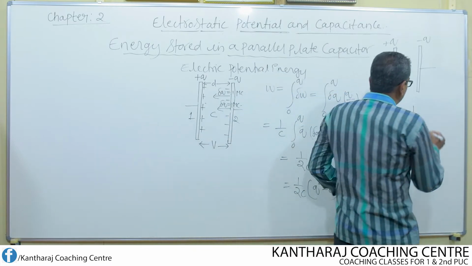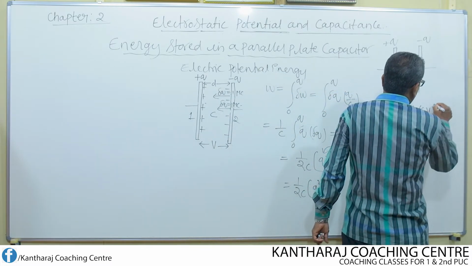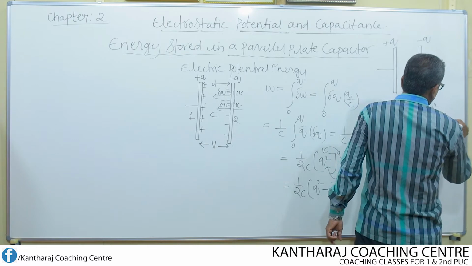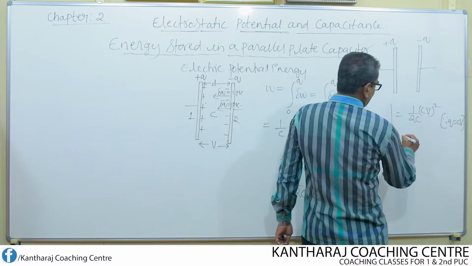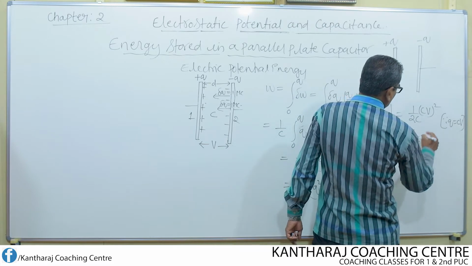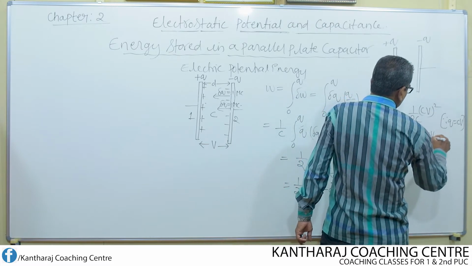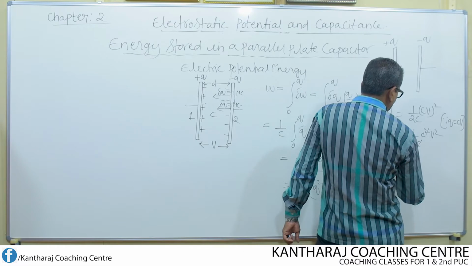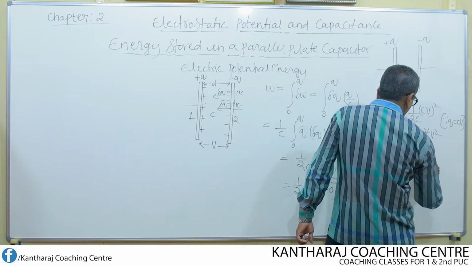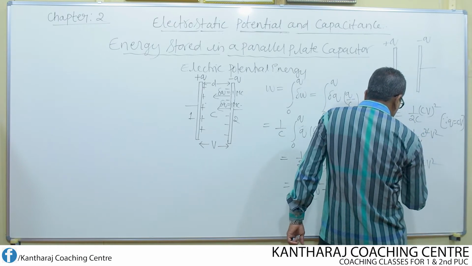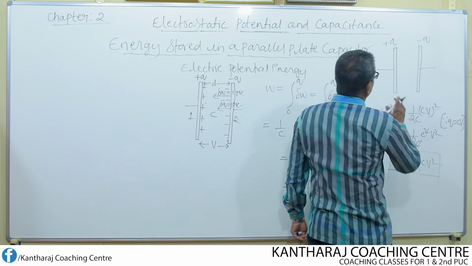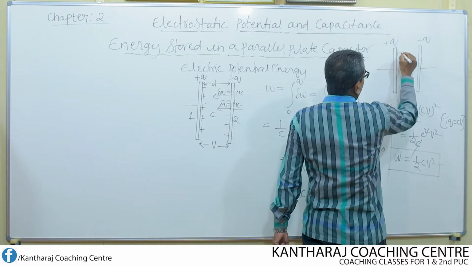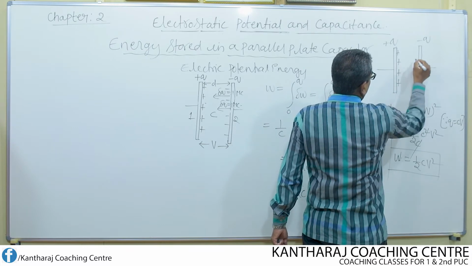For Q, I substitute the value: Q is given by C into V, whole square. Because Q equal to CV is the substitution made, this is equal to 1 over 2C into C square V square. One C and C get cancelled. This is nothing but half into CV square. So this is the total work done in charging the capacitor from 0 to Q coulombs.